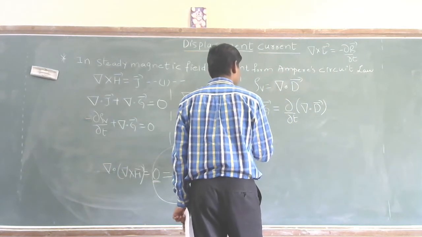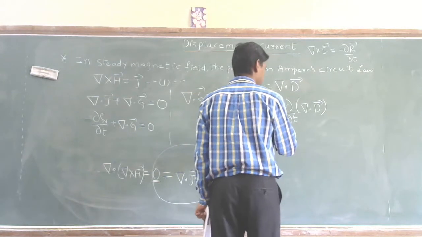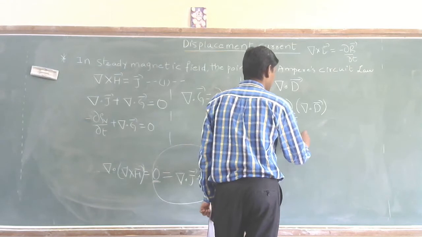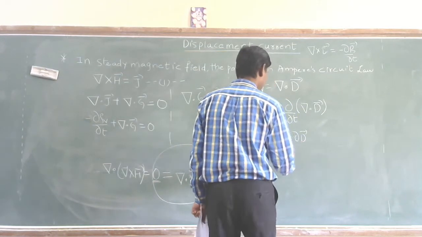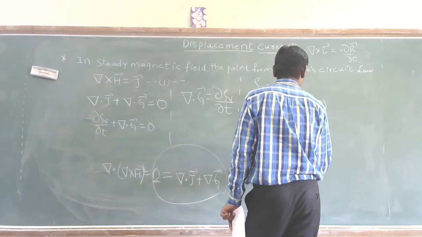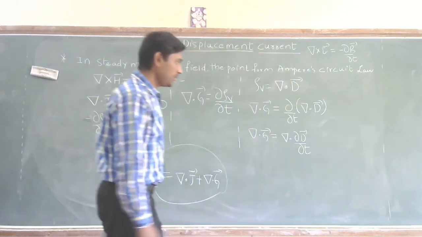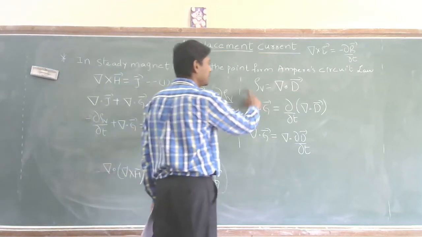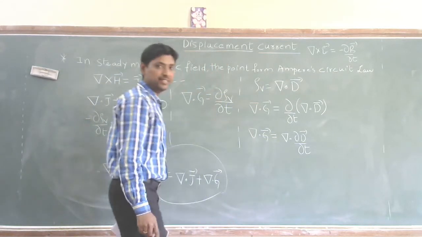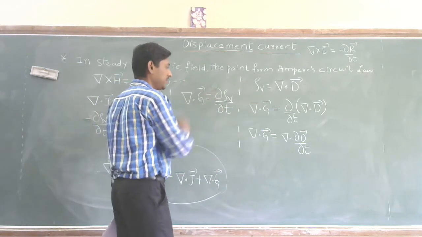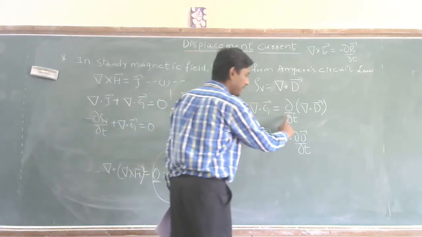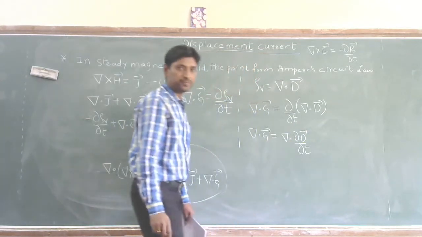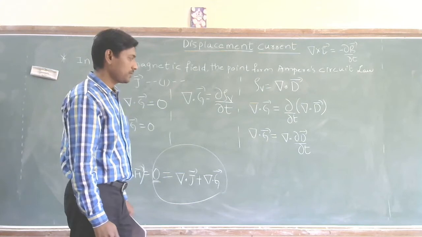So which means that I can rewrite del dot G as del dot ∂D/∂t. I make a simple substitution, that is ρv equal to del dot D. And further, this particular thing can be written as del dot ∂D/∂t.